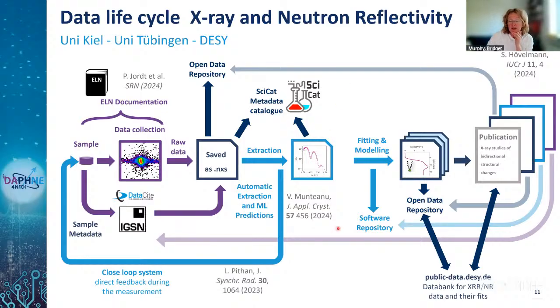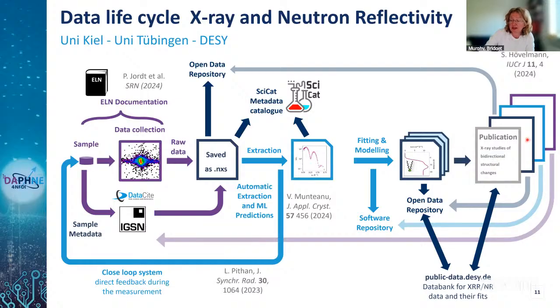And once you have the data extracted, even beyond the experiment, you also, of course, would like to fit it and model it. And the aim is that not just the first part, but also this part of the data is also containerized and made available in a software repository, so that we have the very high-end quality data from the experiment, along with the fitting and the modeling, so that in the end, we have a publication which describes the experiment.